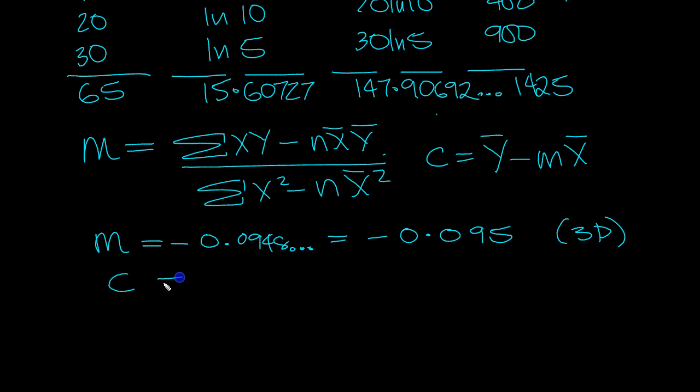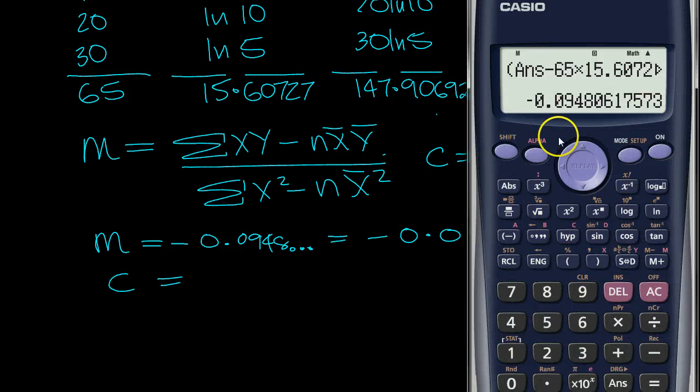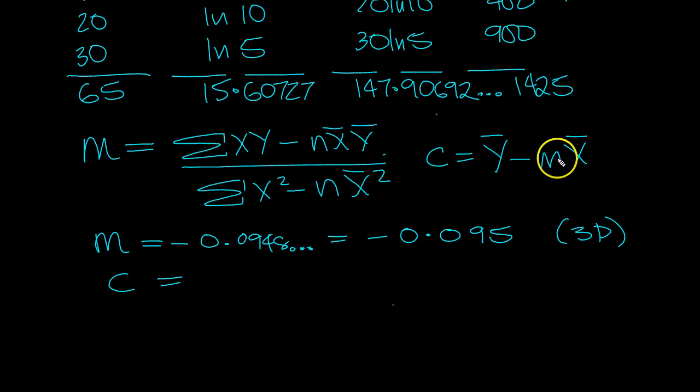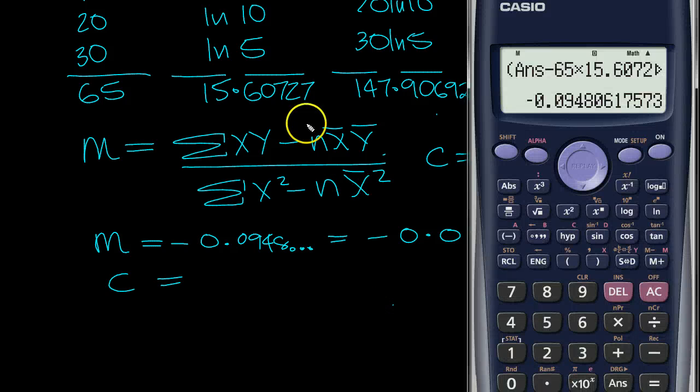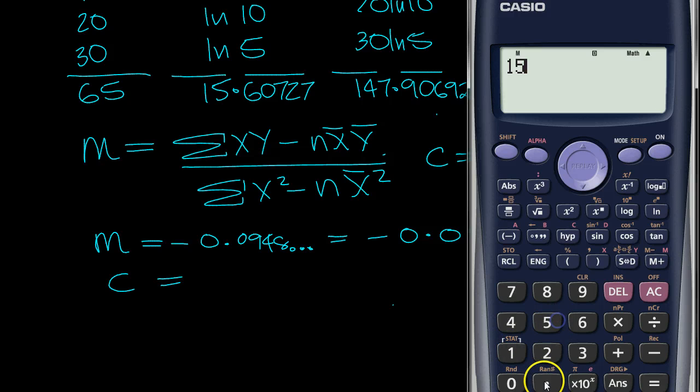Okay, c is equal to y bar minus m x bar. So we've got m in the calculator here, and it's minus m, so it's y bar, 15.60727 divided by 5, minus m, so it's going to be a plus, isn't it?